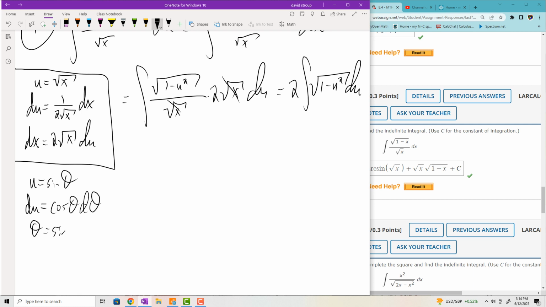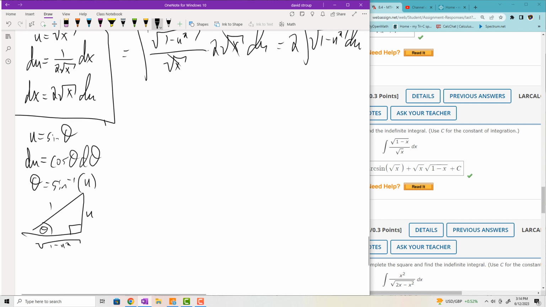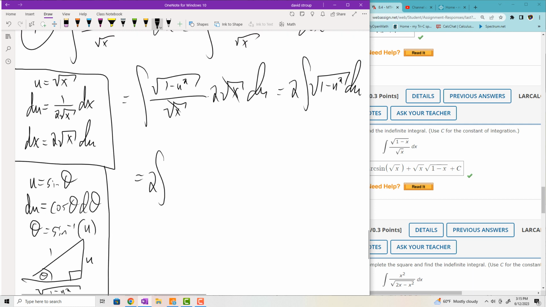Theta will be sine inverse of u, and then your triangle: sine inverse is opposite over hypotenuse, and the third side would be square root of 1 minus u squared. And you can almost kind of see where it's headed. Adjacent over hypotenuse would be cosine, so if you wanted to use the triangle to simplify a bit, you could.